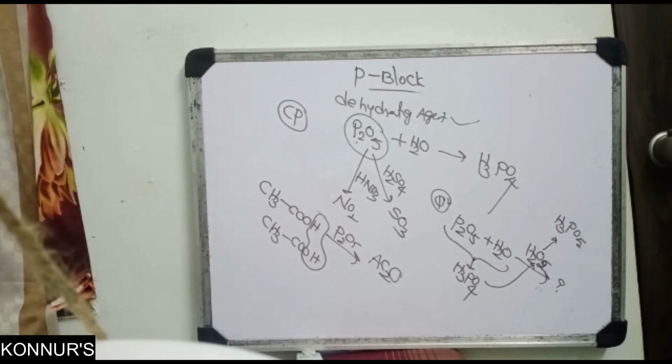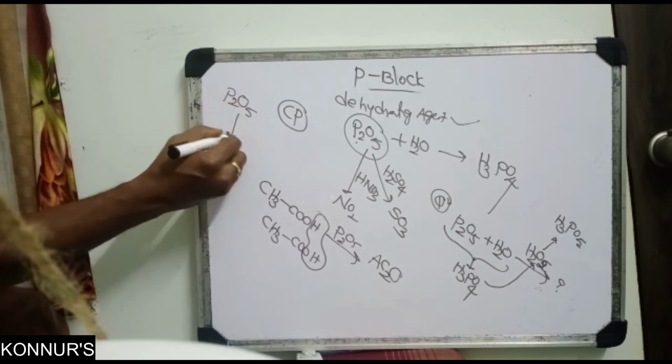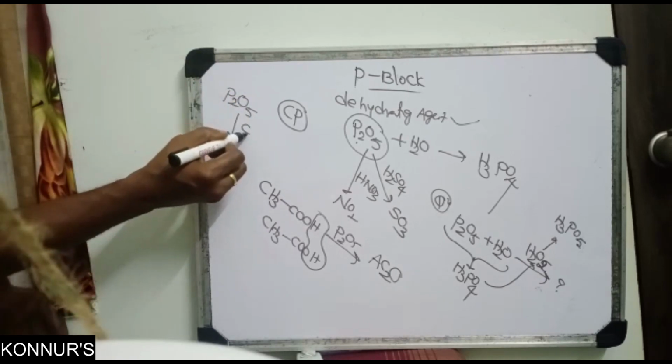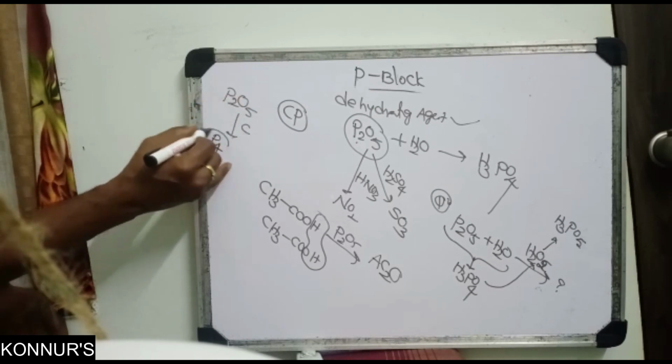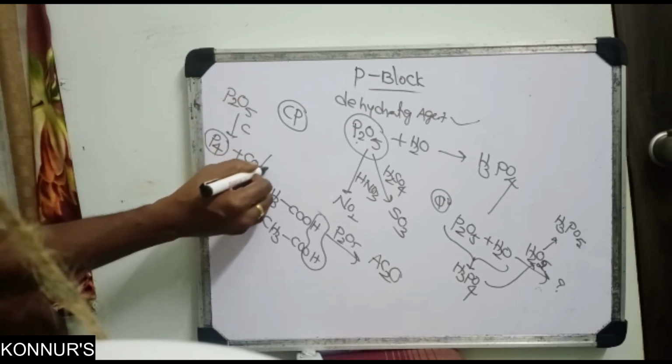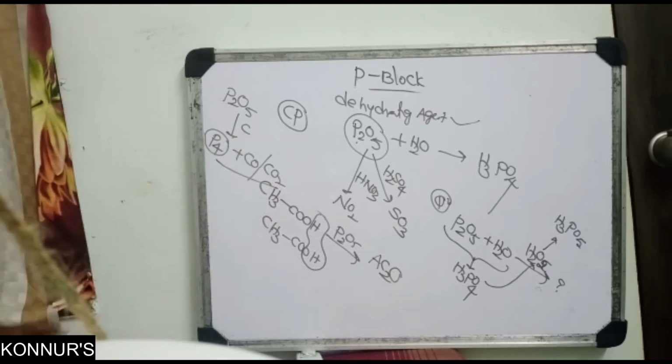Suppose P2O5 treated with carbon. Carbon is a strong reducing agent, so oxygen is eliminated. You get P4 plus carbon monoxide, otherwise carbon dioxide. Like that you can think of logical equations.